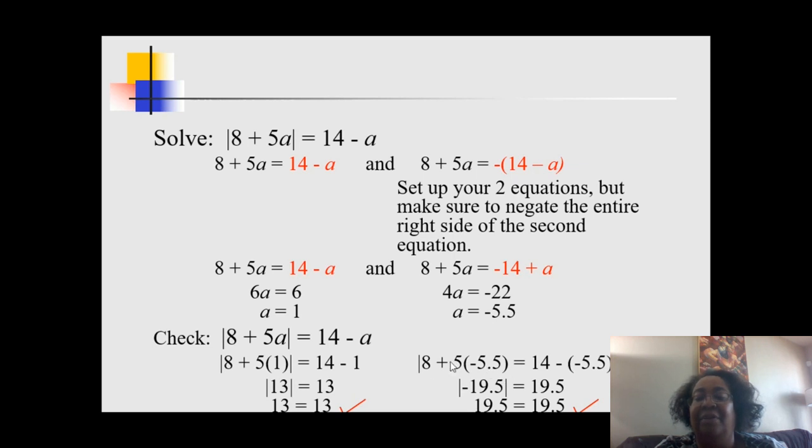And then here, we're going to put negative 5.5, multiply these two together, and then add 8, which is basically taking the difference. We get negative 19.5 inside the absolute value, which can't be negative, so it's going to be 19.5 positive and 19.5 positive. So the two sides are equal. And you have two solutions.